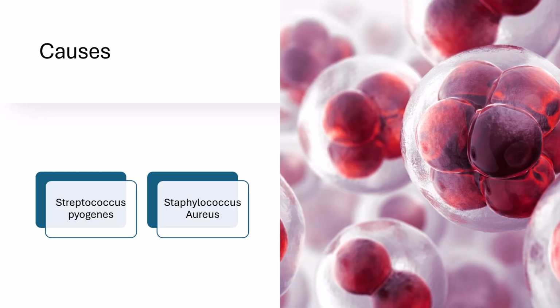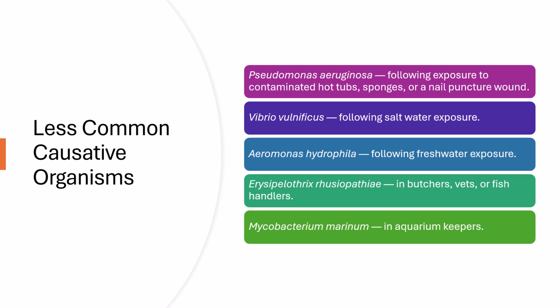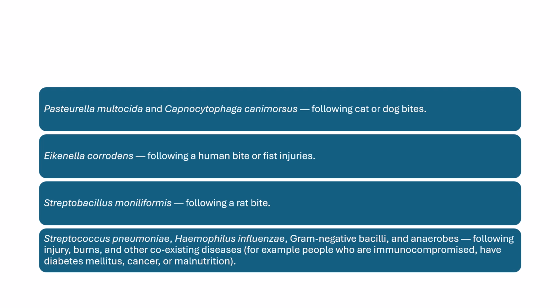What causes it? There are two important organisms, Streptococcus pyogenes and Staphylococcus aureus. These organisms are responsible for causing cellulitis. There are other less common causative organisms as well, which include Pseudomonas aeruginosa, Vibrio vulnificus, and others.